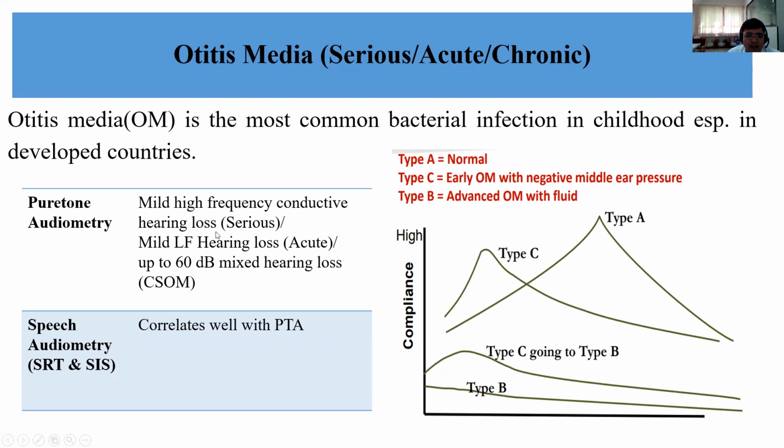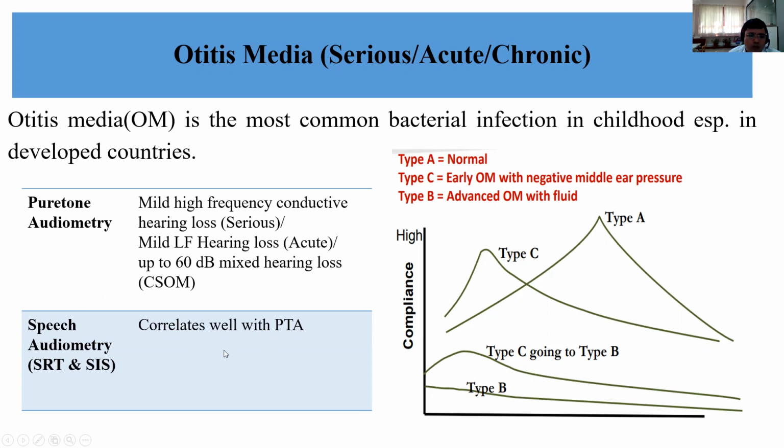Mild high-frequency conductive hearing loss is observed in serous otitis media. Mild low-frequency hearing loss is observed in acute otitis media, whereas CSOM most often shows a higher degree of hearing loss and is mixed in nature. That means even some amount of sensory neural involvement is there in CSOM because there is long-standing otitis media in those cases. But again, here the degree of hearing loss correlates well with speech reception threshold as well as speech identification score.